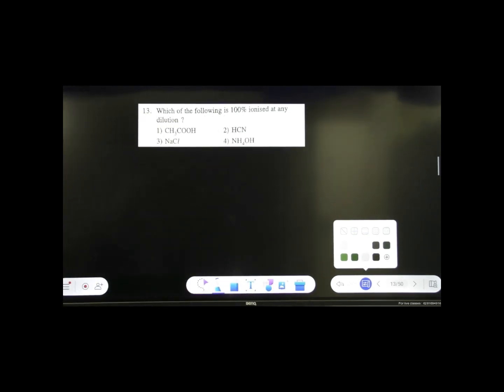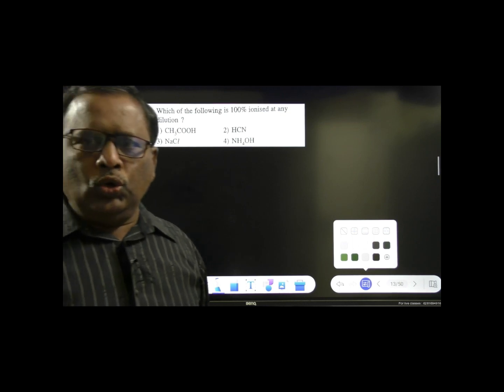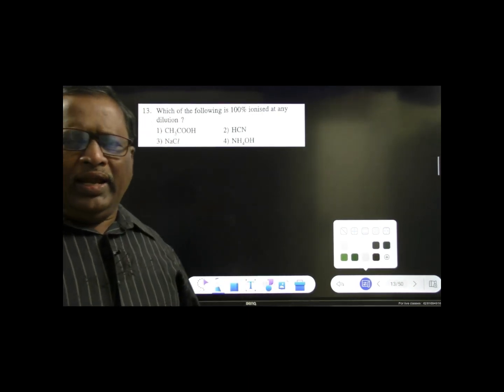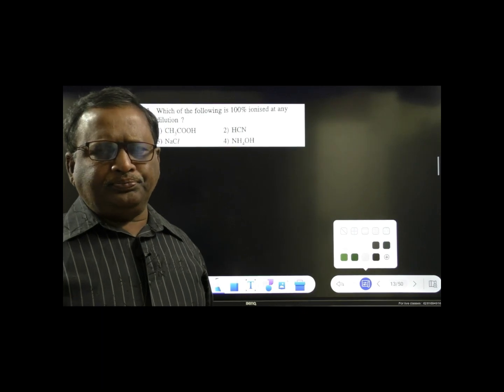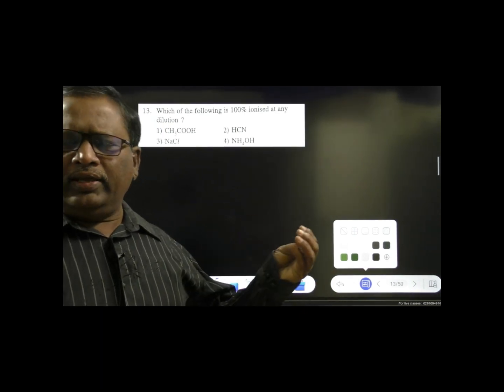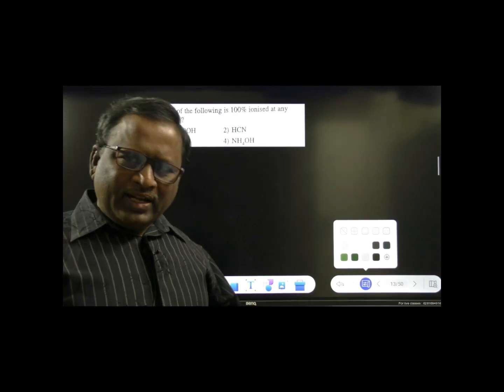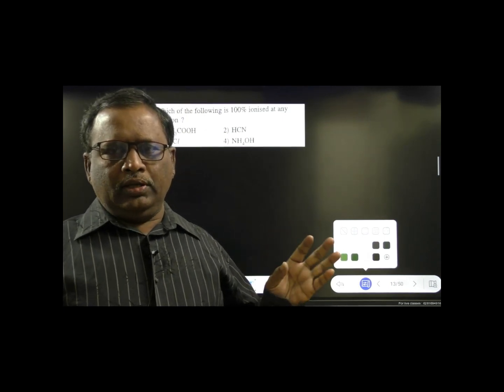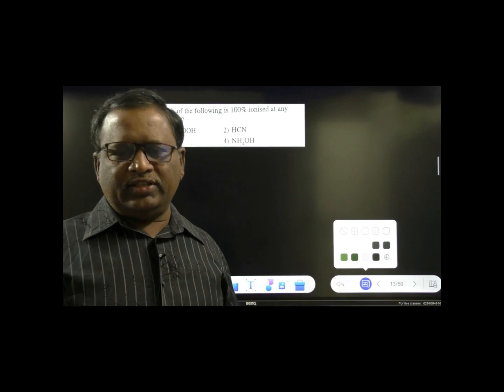Which of the following is 100% ionized at any dilution? At infinite dilution, either a weak electrolyte or a strong electrolyte will completely ionize. But they are asking at any dilution, that means even at high concentrations, it has to be completely ionized.